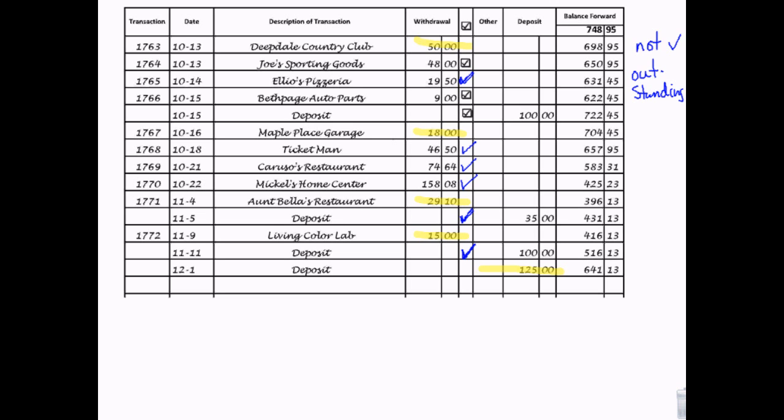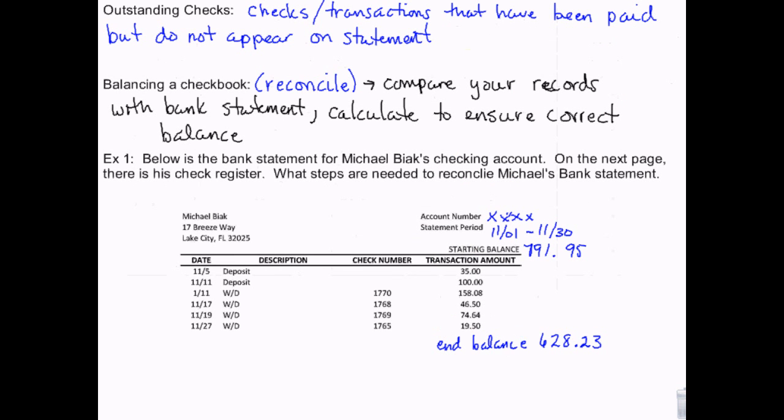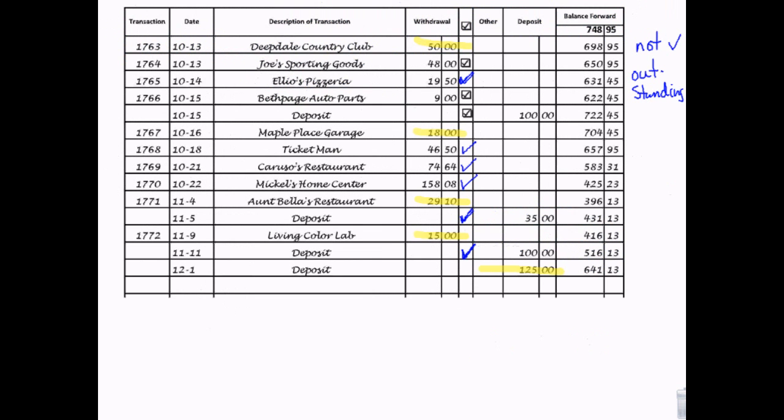Okay, so we'll need our ending balance. So then to reconcile, or to balance, the formula that you do is you take the ending balance, we add outstanding deposits, we subtract outstanding checks.